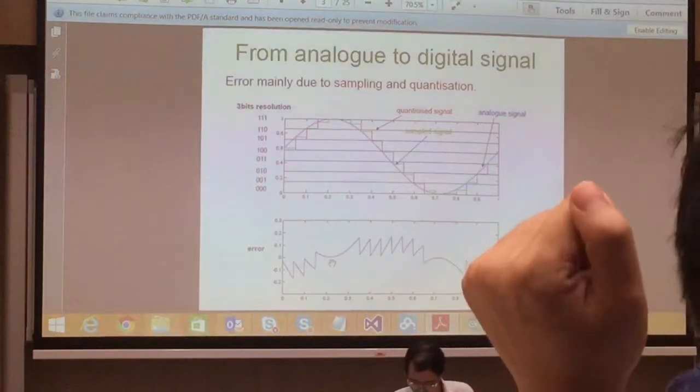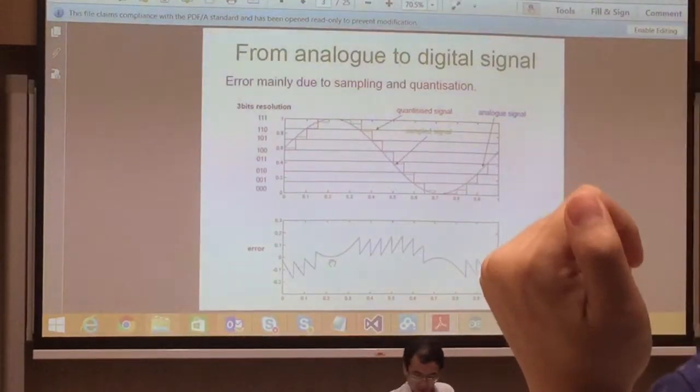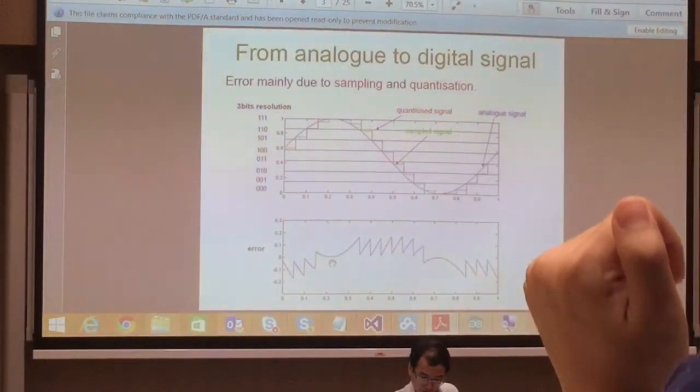Let me show you what is the meaning of quantization error.